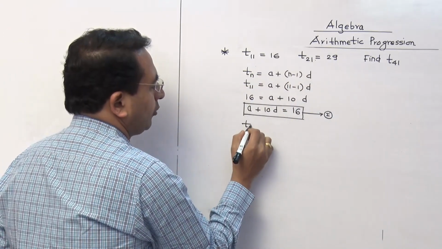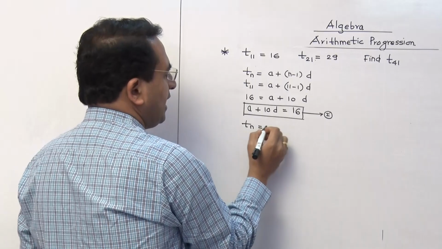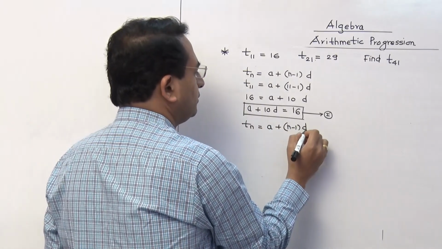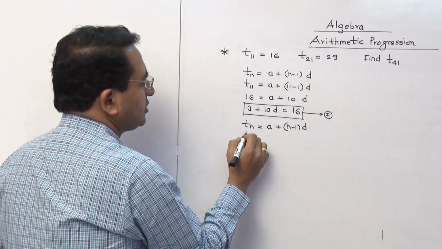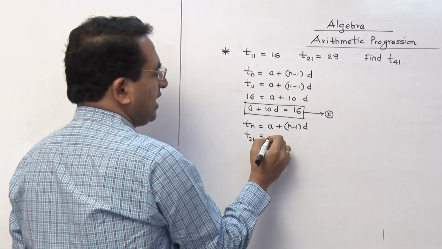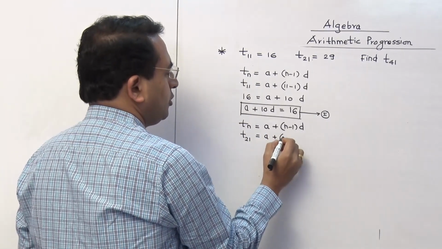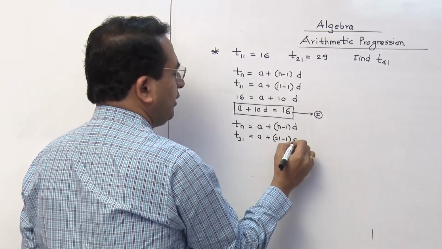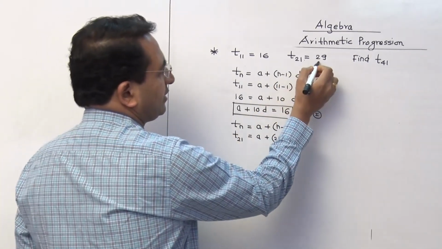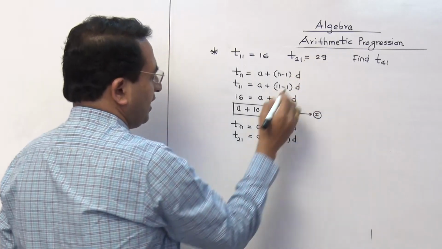I am writing that formula once again. Tn is A plus N minus 1 into D. Now this is T21. This is A plus 21 minus 1 into D. T21, that 21st term they have given as 29.